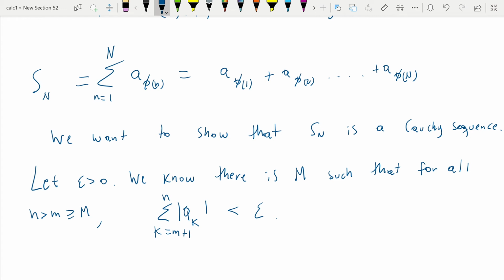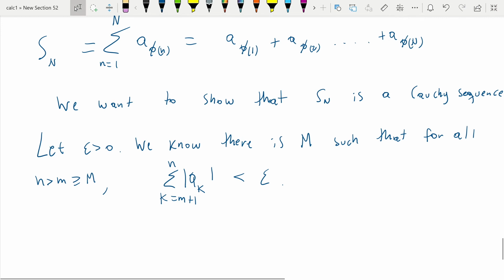That means that the series of the absolute values of the a_k's converges, meaning that the sequence of the partial sums is a Cauchy sequence, and this is the Cauchy criterion applied to the partial sums. So we know this.